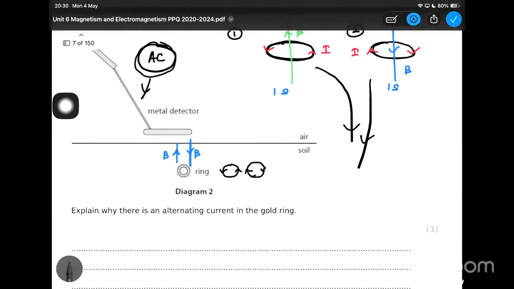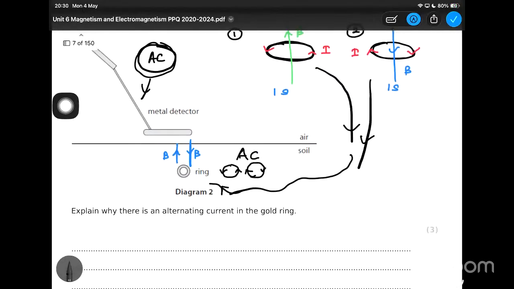That magnetic field will affect the gold ring to generate current in opposite directions. Therefore, we can say the gold ring will also have alternating current. Those are the main points that you need to mention there.